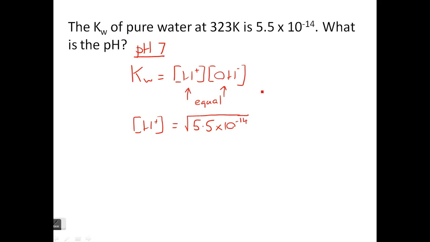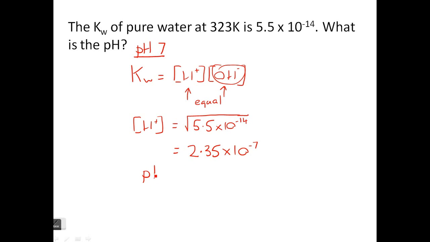And by the way, if I wanted to know the concentration of OH negative, I would just put OH negative equals the square root, because these are the same. If you do the math on that one, you end up with 2.35 times 10 to the negative 7.